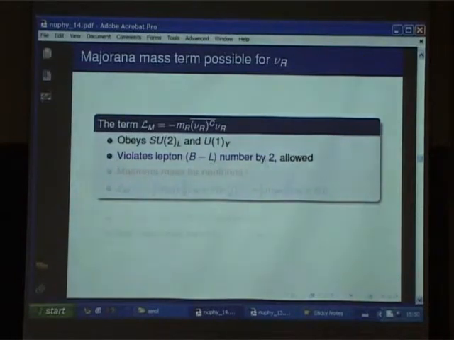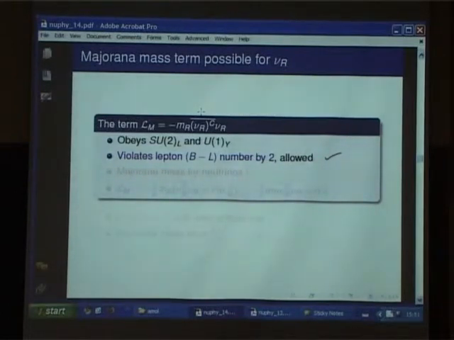So it violates lepton number by 2. If lepton number was conserved, you could say this term is not allowed. But now we are allowing lepton number violation. Because we are allowing that, this term is allowed. So we can have this. This term is what is called a Majorana mass.